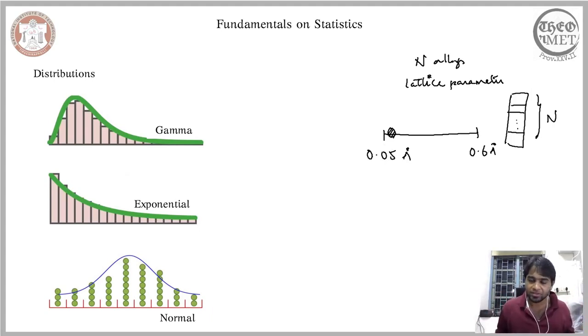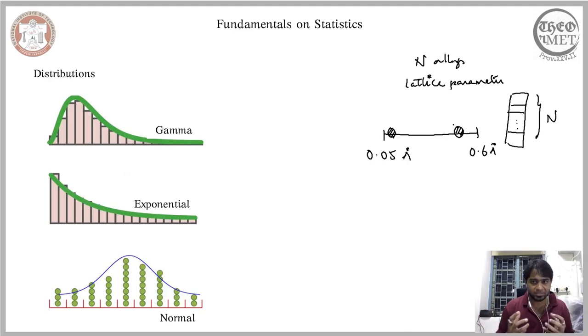Supposing there is another alloy that assumes the lattice parameter of 0.5, the position occupied by that alloy on the scale would be here. So depending on the magnitude of the lattice parameter assumed by the alloy, we are placing the corresponding alloy on the scale that ranges from 0.05 angstrom to 0.6 angstrom.